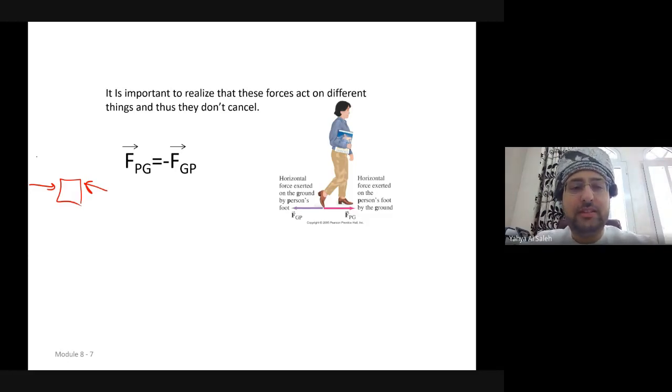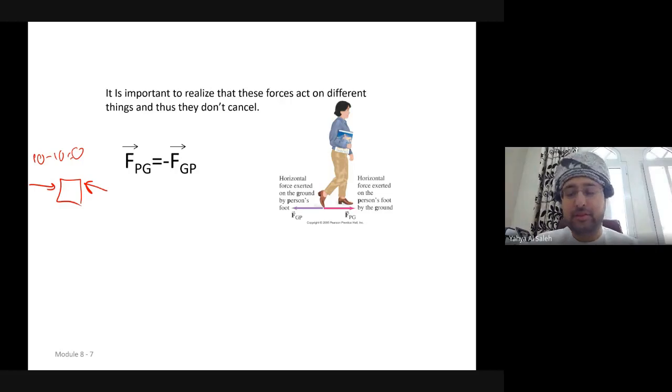You just gave us an example where you did 10 minus 10 equals 0. But now you're telling me that these are two forces in opposite directions. They are equal, but then you're telling us that they don't cancel. So what gives? Take a stand. Either they cancel or they don't cancel.